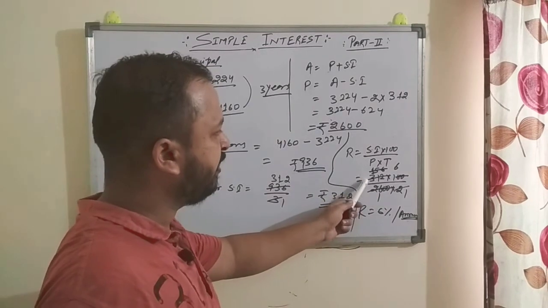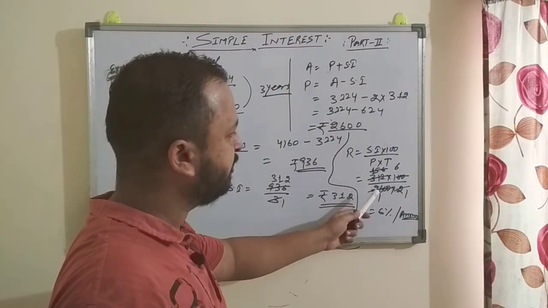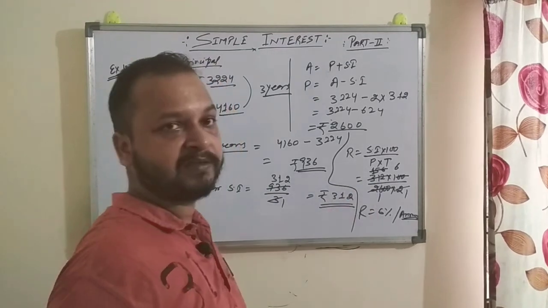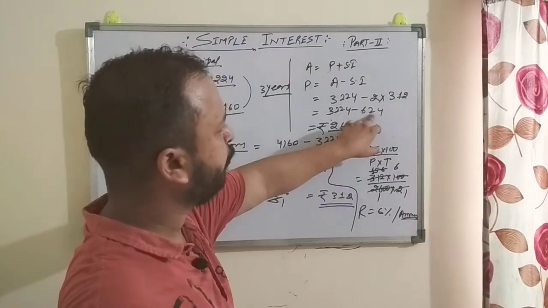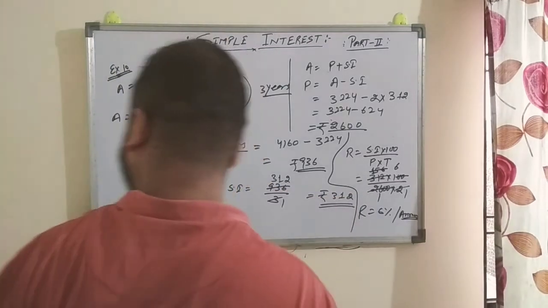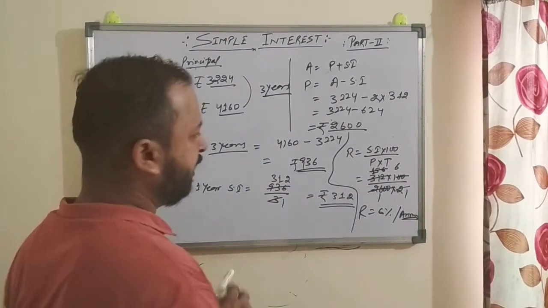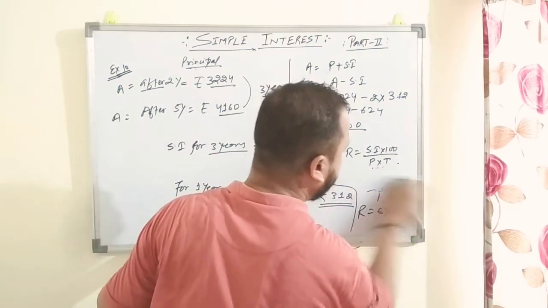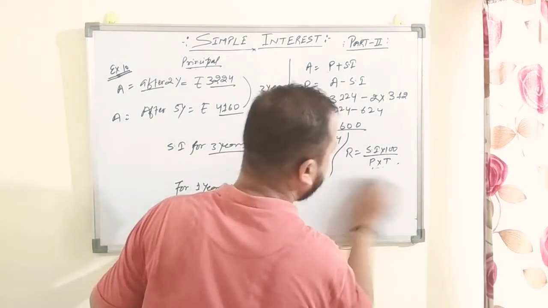Sorry for that. Here you have to put the value as 624 rupees, right? 624 rupees you are getting for 2 years, right? So that is why you have to put the value. Sorry for that.